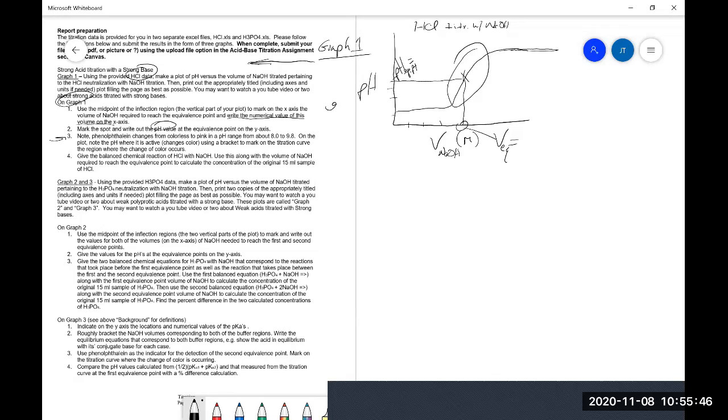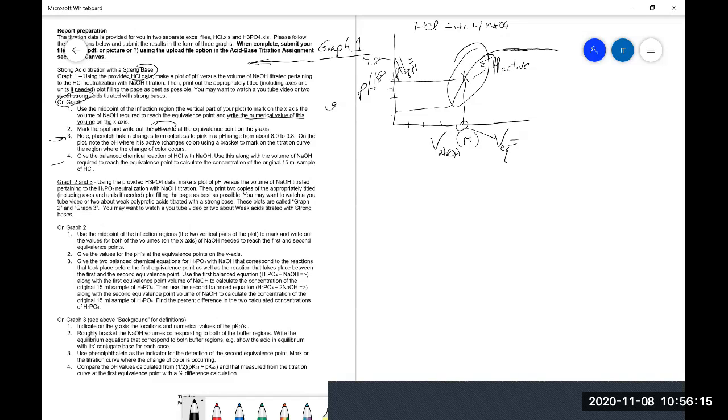So at 8 to 9.8, you're going to go over to your plot and do a bracket and write something like, phenolphthalein active. And so far so good, and no problems.